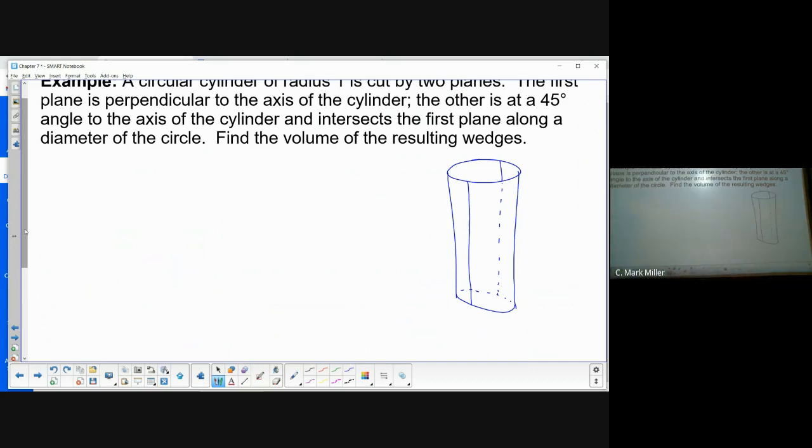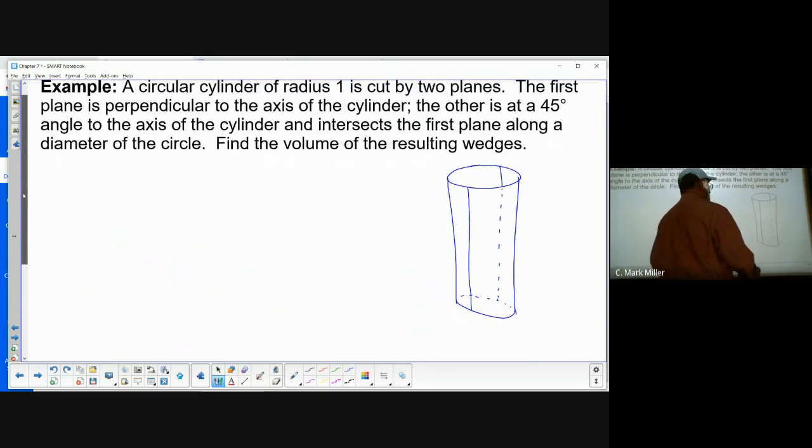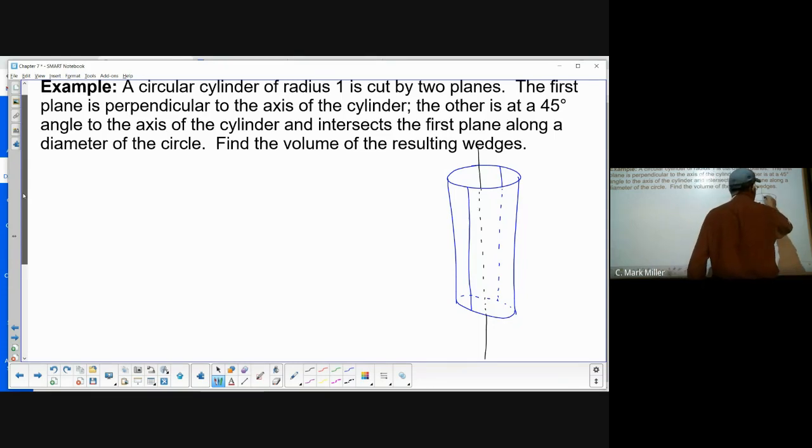Now that's a cylinder of radius 1. So this radius up here is 1. Now we're going to have an axis go down the middle. Let's make this axis go down the middle. And then this radius here, from here to here, is 1.